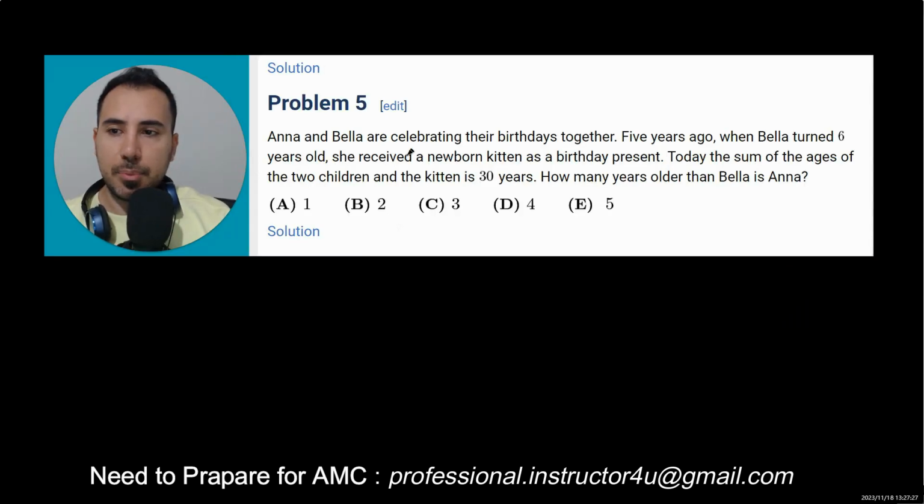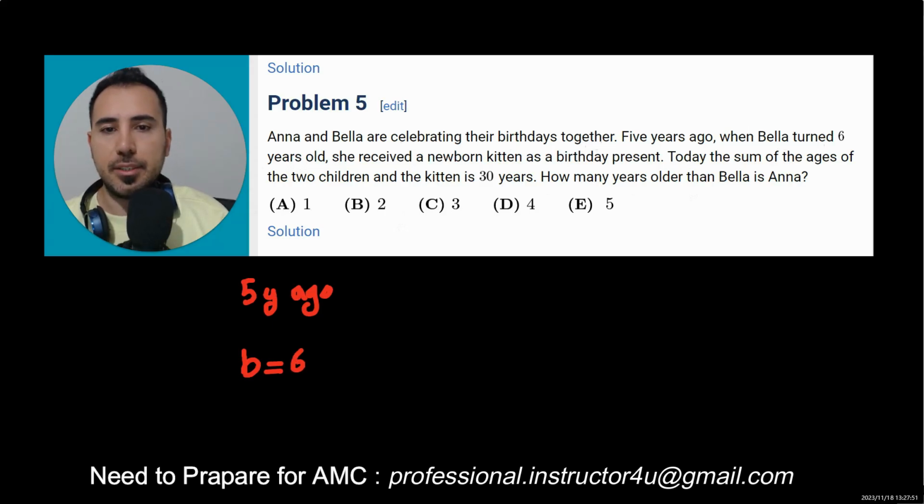I think for this type of question, a small diagram will be a lot better than just writing equations. Anna and Bella are celebrating their birthdays together. 5 years ago, when Bella turned 6 years old, so Bella B was 6, she received a newborn kitten.